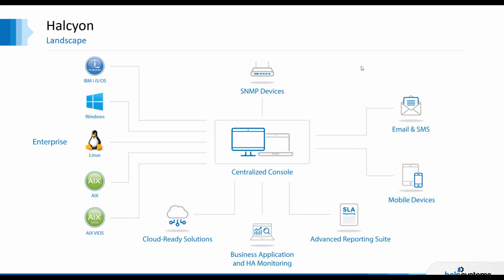But we also have similar solutions on Windows, Linux, AIX, and BIOS. Similar to what you can do on IBM i, create a rule, define some criteria, and define an action. Those 3 steps we can do on other platforms too. That's depicted on the left-hand side of this slide.